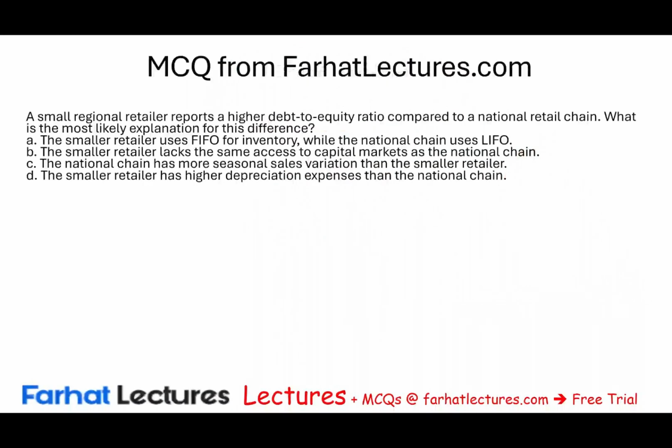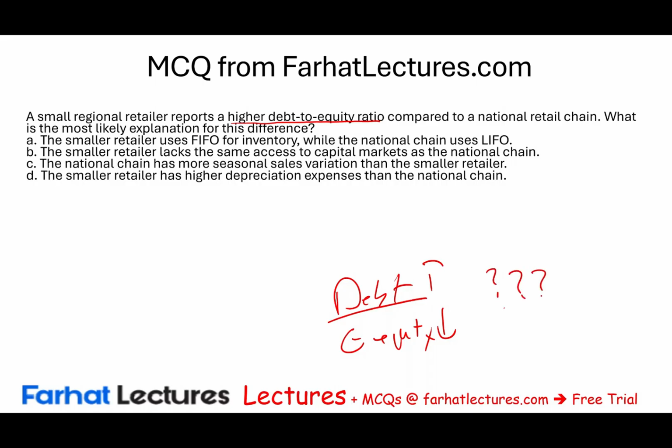Let's take a look at this multiple choice question from farhatlectures.com. A smaller regional retailer reports a higher debt to equity ratio, which means we have more debt than equity, compared to the national retailer. What is the most likely explanation for this difference? Why would this difference occur?